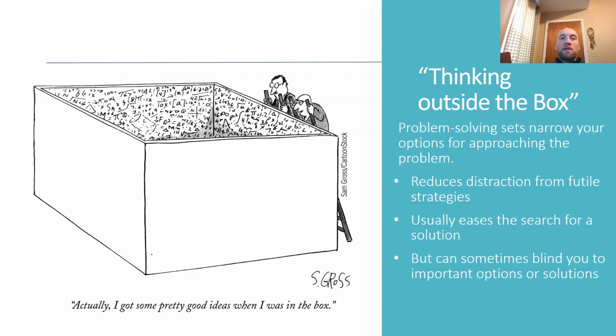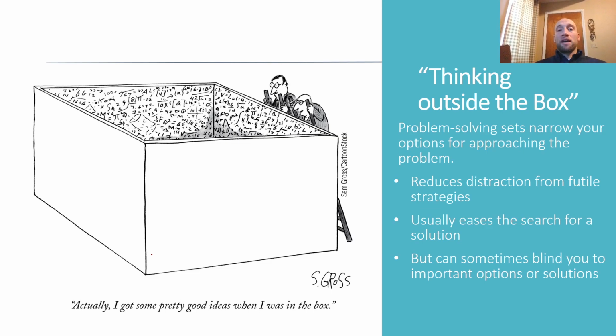So the problem-solving sets, or these beliefs that we have about problems and the rules surrounding problems, can really hold us back in terms of how we approach a problem set. Now, with that being said, it's not necessarily a bad thing. We don't want to be sitting there doing a bunch of strategies that aren't going to work in the long run.